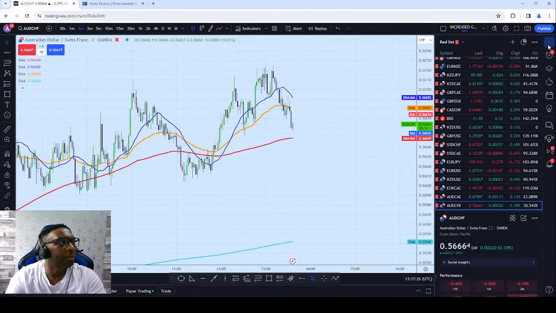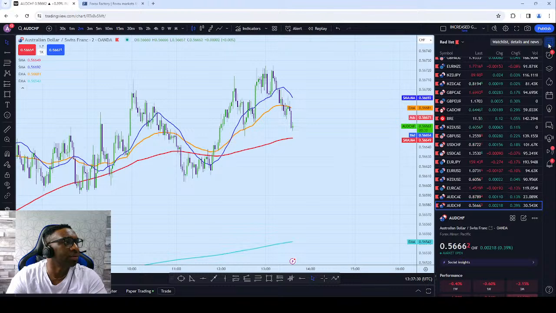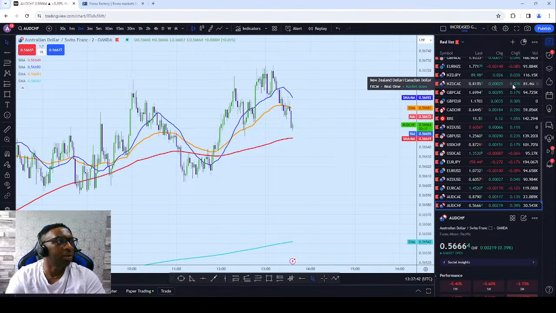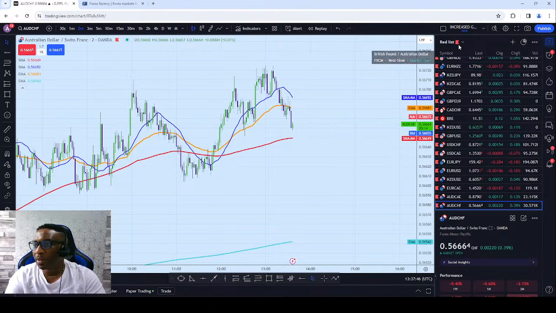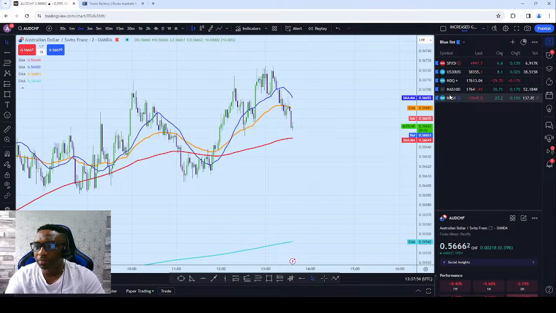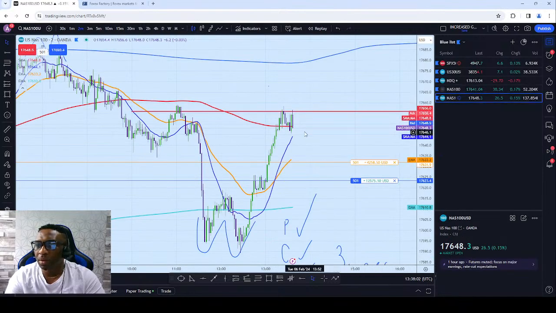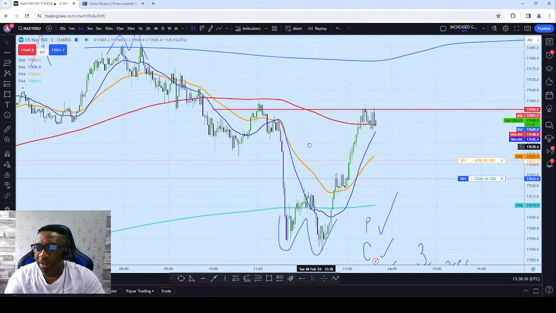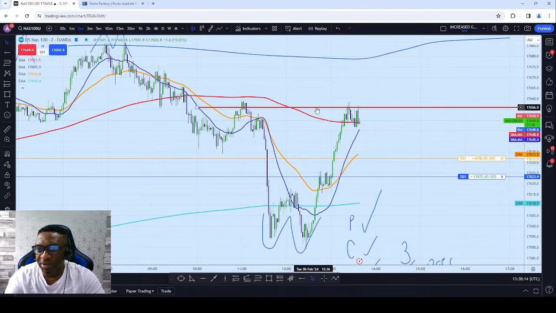Okay, let's have a look at our entry. Yeah, so on here, this is where I said if you want, you can take your profits at this level where I put the red line, or you could hold on.